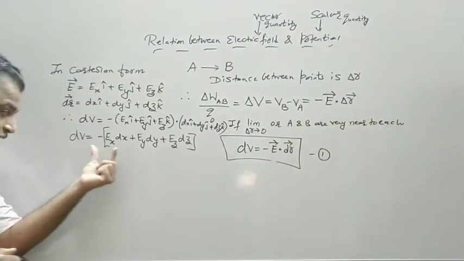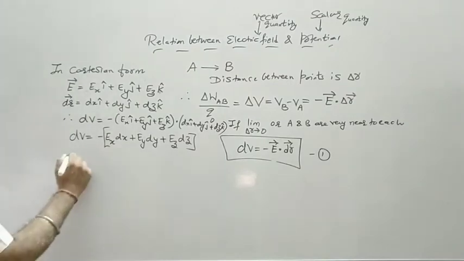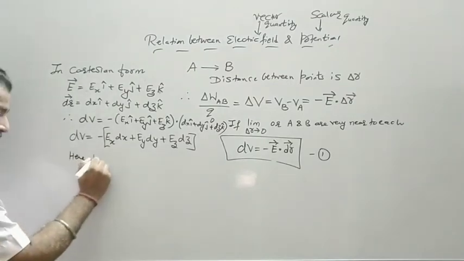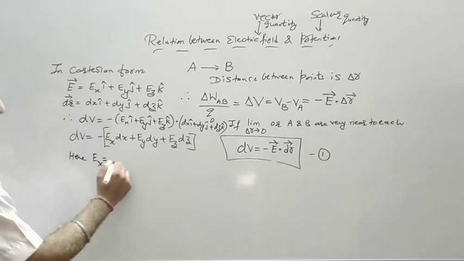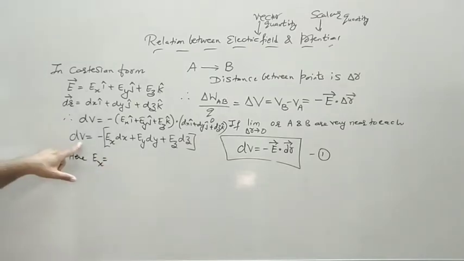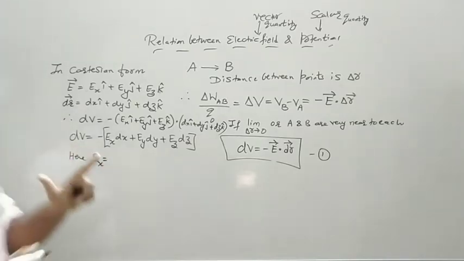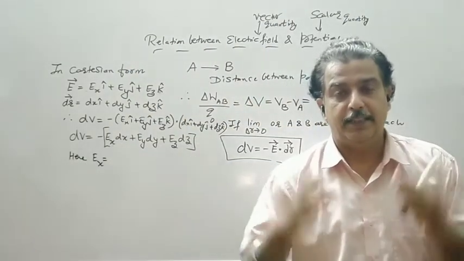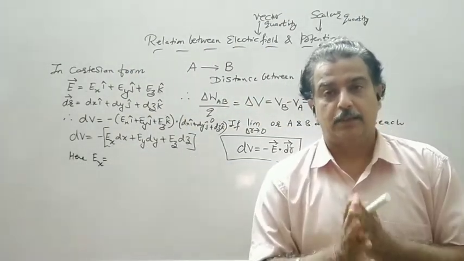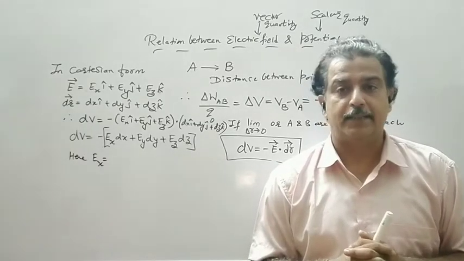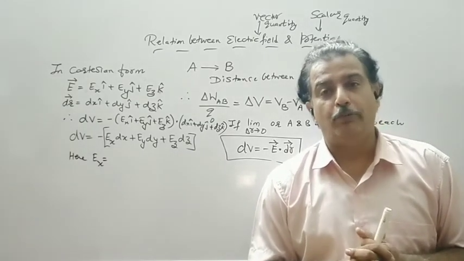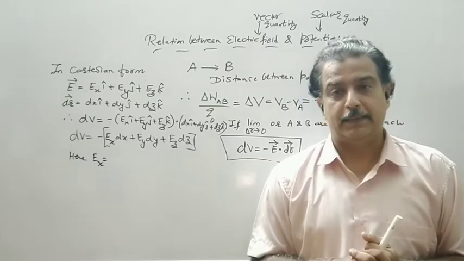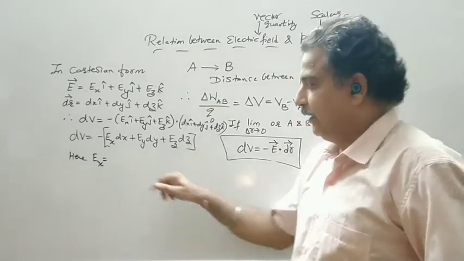Now this equation here, Ex can also be written as, now see, this is change in V. Now it is clear that if the electric field is along the x-axis and you are moving along the y-axis, what will you write?